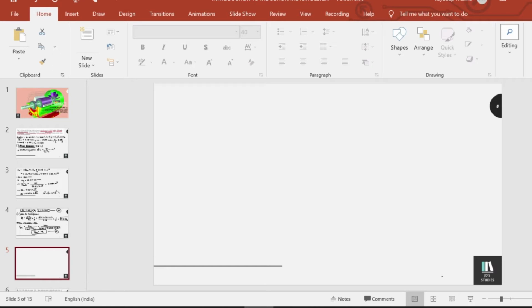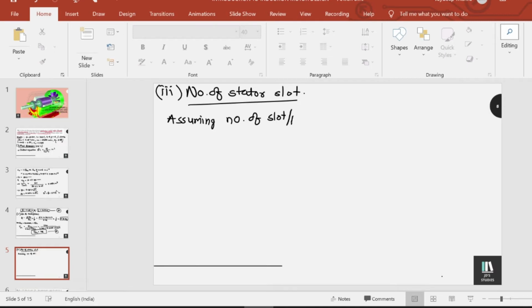So how can we find the number of stator slots? We will assume that the number of slots per pole per phase is 3.